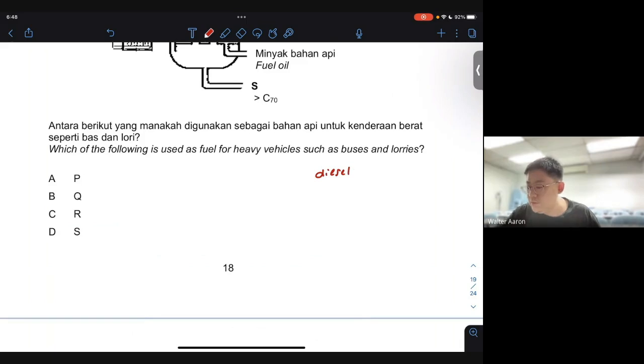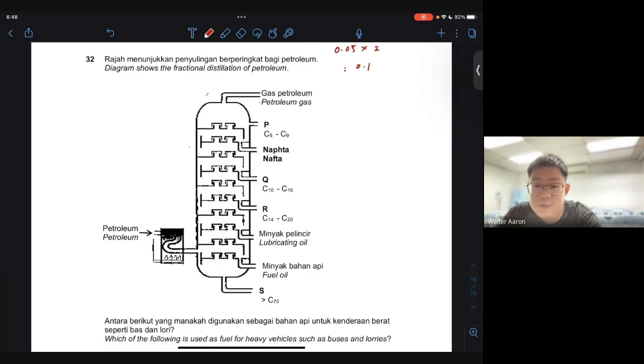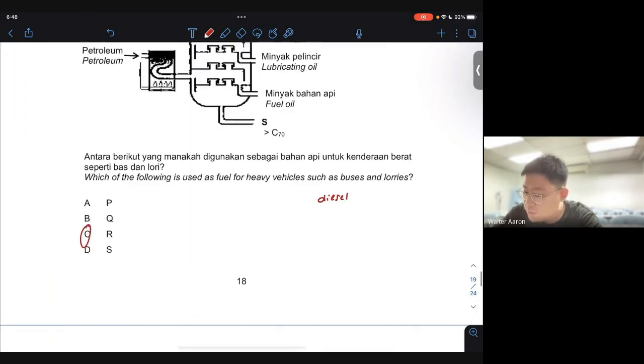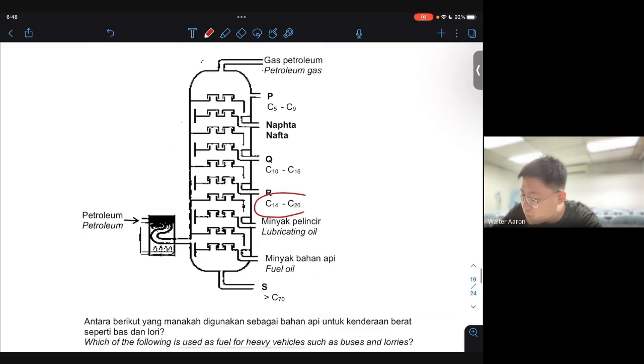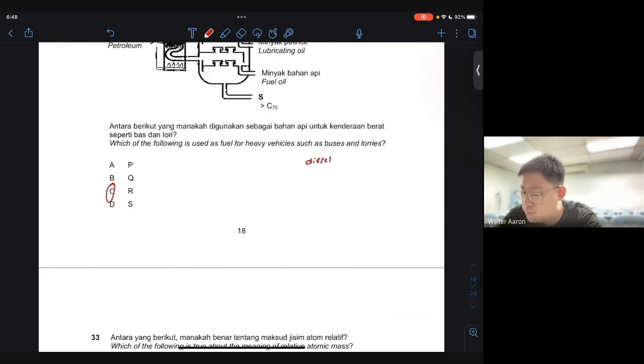Diesel itself is also a part of petroleum. So we have to know the location of where your diesel is. I'll give you the answer straight away. The answer is C, which is the section R, which is over here, C14 to C20. That is the part where diesel will come up. So the answer is R.